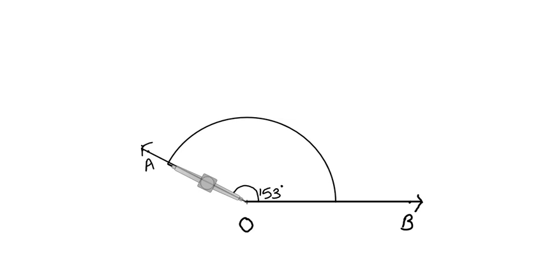Now after making this arc, we need to increase the length. We keep the needle first here and increase the gap between the needle and the pencil, and this gap should be more than, let us take these points as x and y, more than this x and y. So I'm increasing the radius, or the gap between needle and pencil.